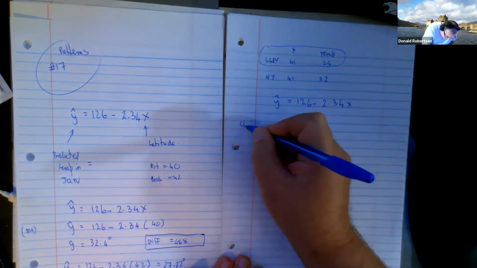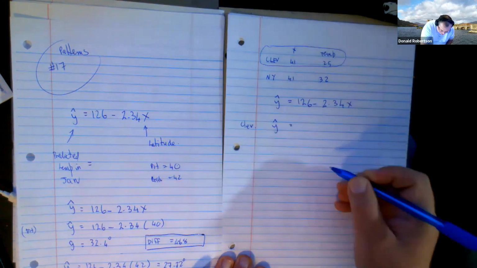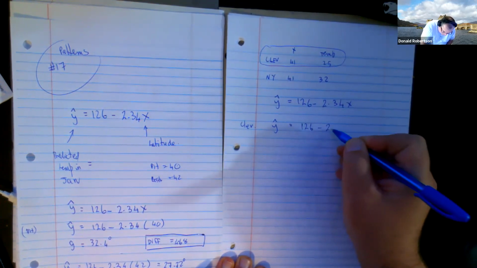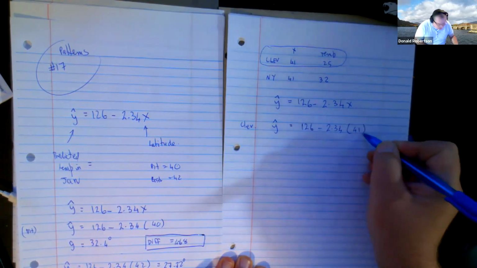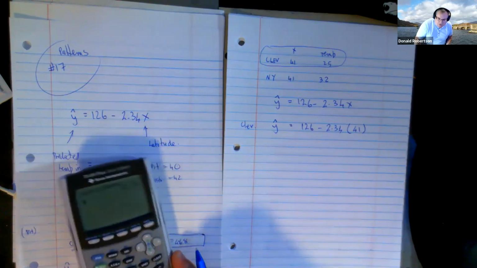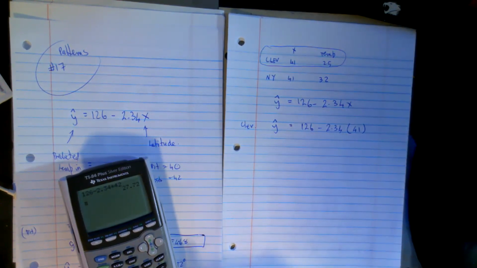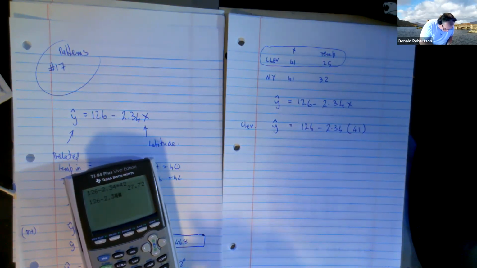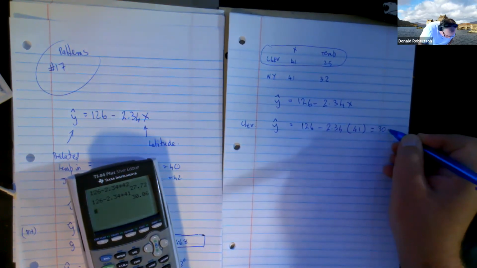So for Cleveland, the predicted temperature is given by what the formula comes up with when the X, the latitude, is 41. Same thing. I did it wrong at the latitude. Oh, okay. 126 take away 2.34 times 41. So we got that bit. That's not the answer, but that's a number we're going to use to get the answer.